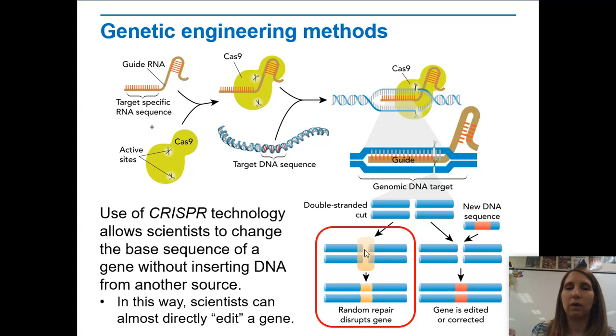Now, in addition to that, what makes this even more helpful is that we can use this in a therapeutic sense. We can take our cut DNA, our original genomic DNA, and insert into that a new DNA sequence right here. That new DNA sequence could contain, for example, let's say I have a mutated gene here that causes human growth hormone deficiency, right?